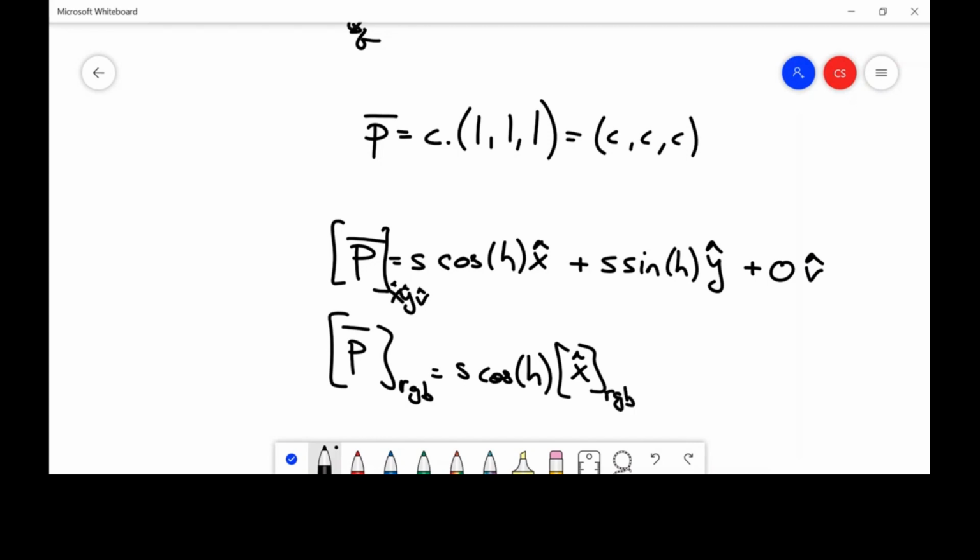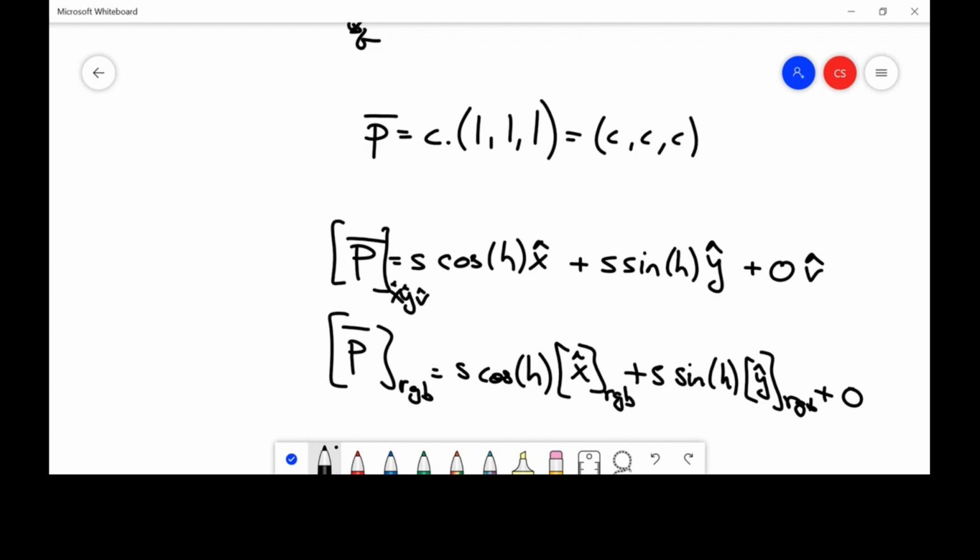I have to express this vector in this system plus s sine of H, and then I have to express this vector in the other system. And then 0 times whatever, but 0 times whatever is 0, so we don't care. Sorry, this is not a good notation. The notation should have the RGB outside. Okay, so I have to express X and Y in the RGB coordinate system. Okay, good, let's do that.